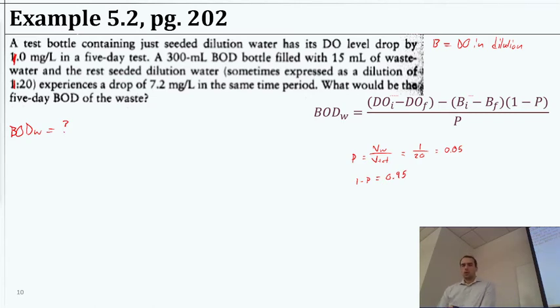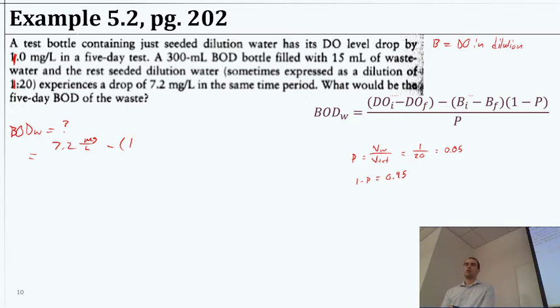Okay, so we have two pieces of information essentially given to us as these drop values. So the DO drop, essentially that's referring to exactly what's inside of these parentheses. The DO drop for the mixture, that's DOI minus DO final, that's the main experiment. So essentially we can say that our BOD in the wastewater is going to be that drop, 7.2 milligrams of oxygen per liter, minus the drop in the dilution water, which was a total of 1.